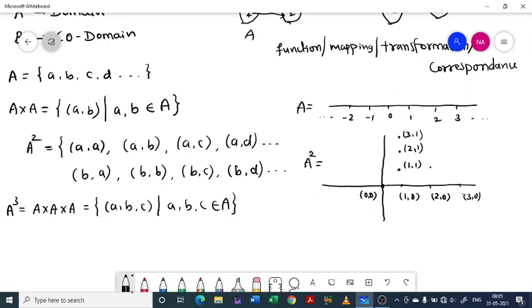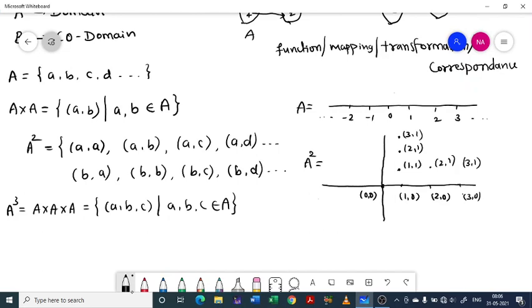Somewhere here you may get (2, 2), (3, 2), (2, 1), and so on. So this is what we got by the product of the number line with itself.